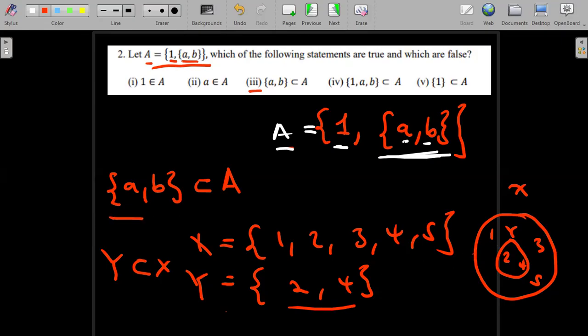So now when we look at this set here, is it a subset of the set A?